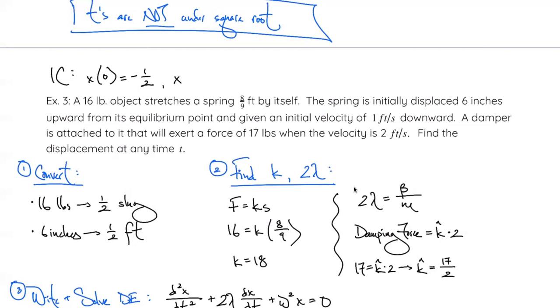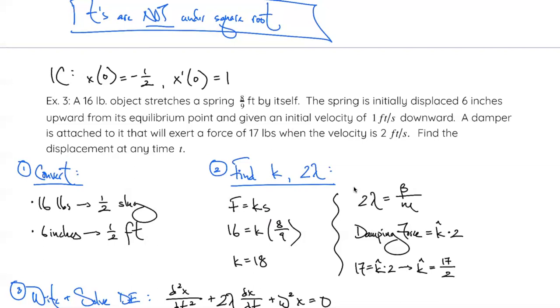Then we know that there's typically an initial condition based on velocity as well, right? We're looking at position, we're looking at velocity, because all of this is to say we started with this idea of acceleration, right? And so if we look at what we have, again, same as what we had before, given an initial velocity of 1 foot per second downward, that means x prime of 0 is going to be 1.